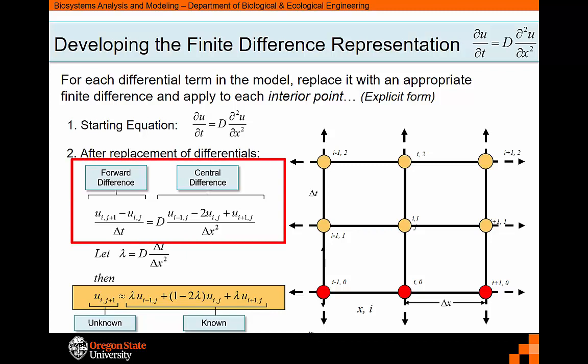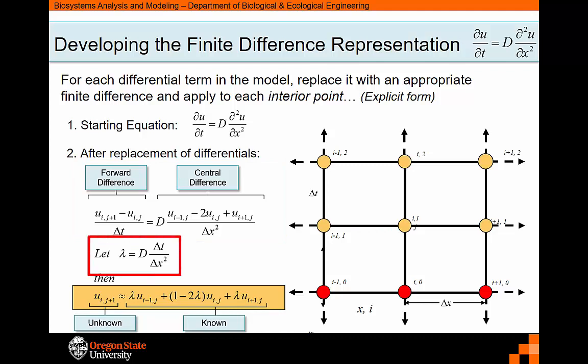Note that at any given level of time j, if we know values of the substrate u at this level of time, we can estimate future values of u at the next time level, j plus 1. Defining lambda as D times delta t over delta x squared, and arranging the finite difference equation with unknowns on the left, corresponding to an estimate for time j plus 1, and knowns on the right, corresponding to the known values at the current time level j, we can estimate future values for the next time level above whatever our current time level is using the equation shown here.